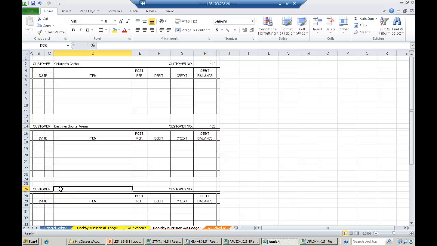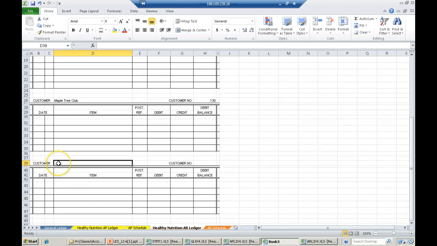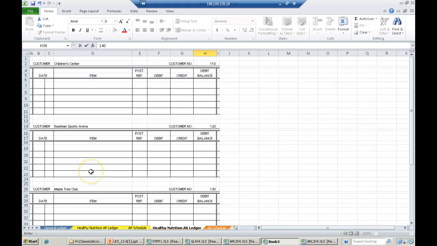Next customer that we have is Maple Tree Club. Customer number is 130. And finally, last customer here is Southwest Community Club, 140. Again, these are all of our accounts receivable accounts that we have within Healthy Nutrition.